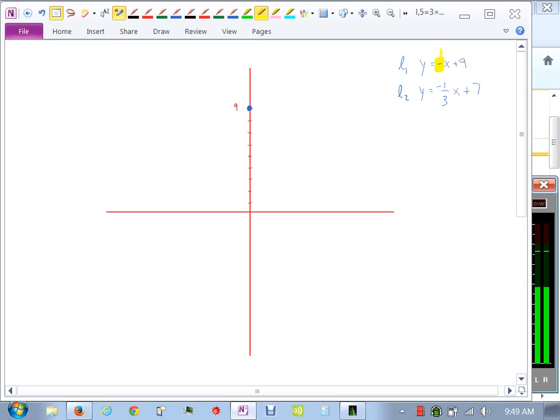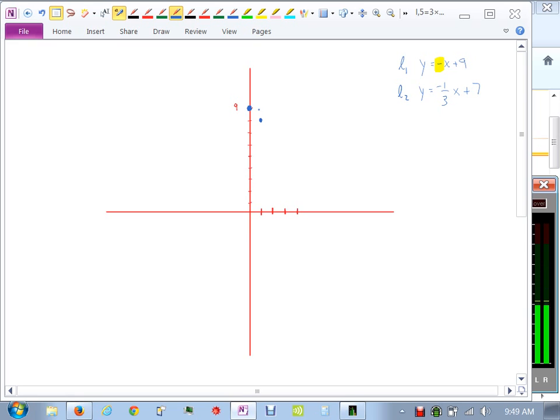So from that point, go down 1 and to the right 1. I could draw a dot there, or I could go down 1, right 1 again and draw a dot. It doesn't matter. I'm just going to go down 1 to the right 1 and draw my dot. And draw my line, right?